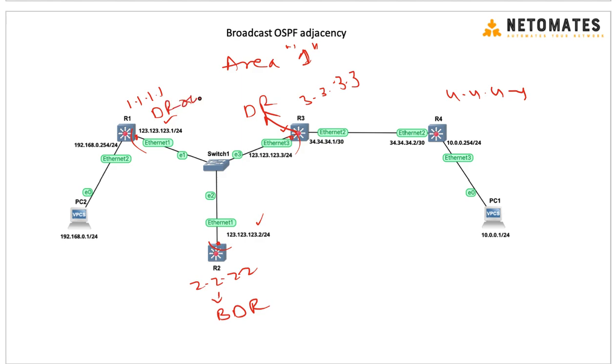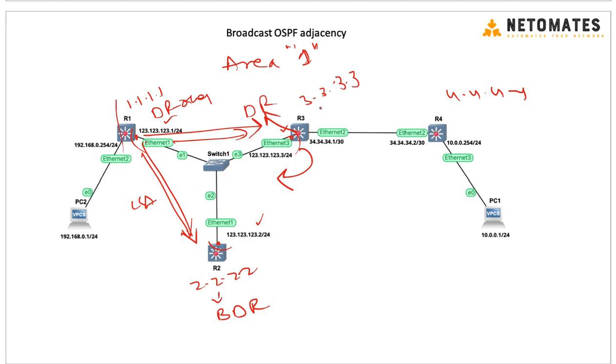The DR other will form neighborship with these two and send LSA updates to them, and then the DR will send it to everyone in this topology.